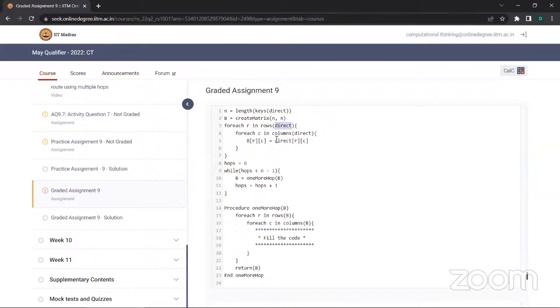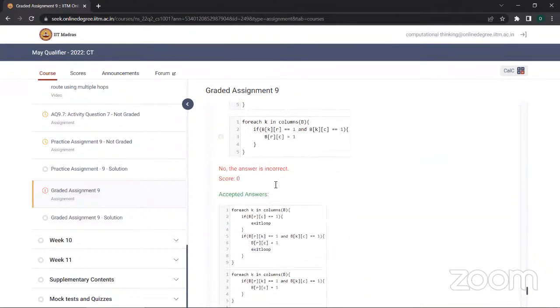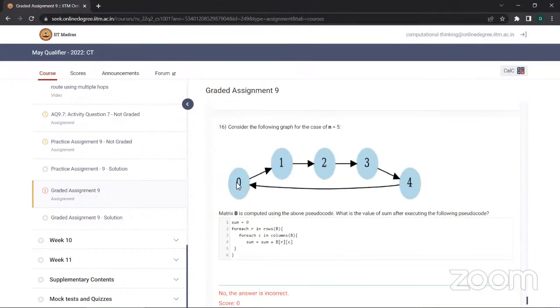Correct. But when we add an edge, when there is a train, right? Yes, sir. So there is a train from 0 to 1. That's why there is an edge. But that's not sequential. For direct, if there is a direct train, then we add 1. Otherwise, we add 0.